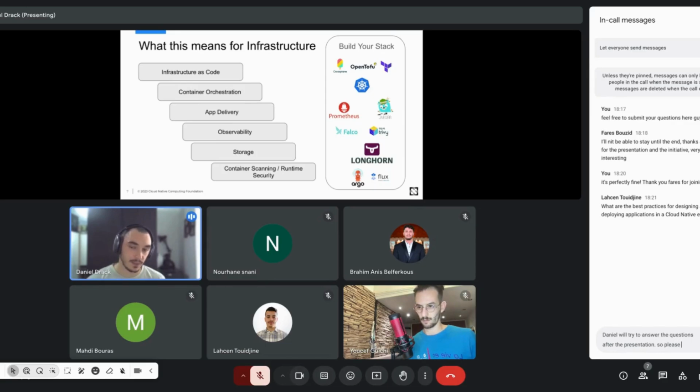And what we can see here is that we have multiple layers that we need to take care of before we can actually deploy and run one cloud native application. Once we're done with that, scaling and automation is going to be a big relief for all the applications that we're going to run in the future.